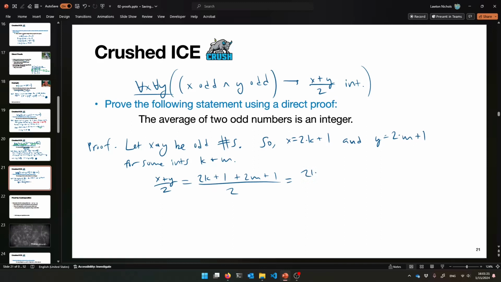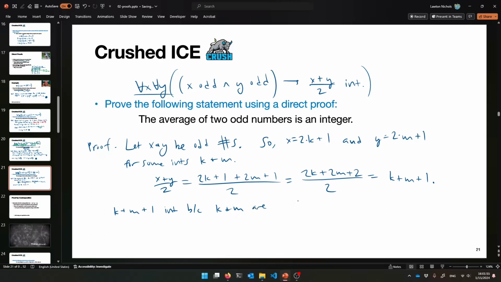It's 2k plus 2m plus 2 over 2. You see how that's working? And you can totally take out a 2 from each of these. That's equal to k plus m plus 1. All right. So that's the answer. And we just need to show that this answer is an integer. And it is, right? K plus m plus 1 is an integer, because k and m are both integers.